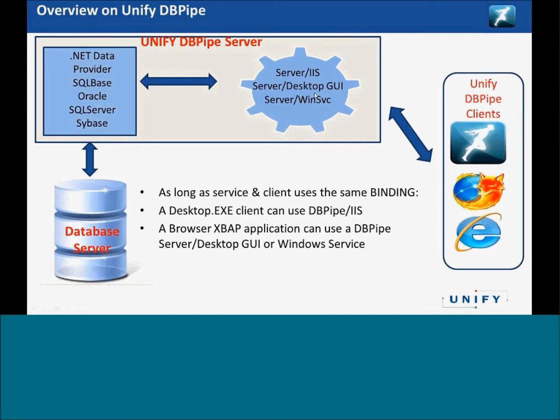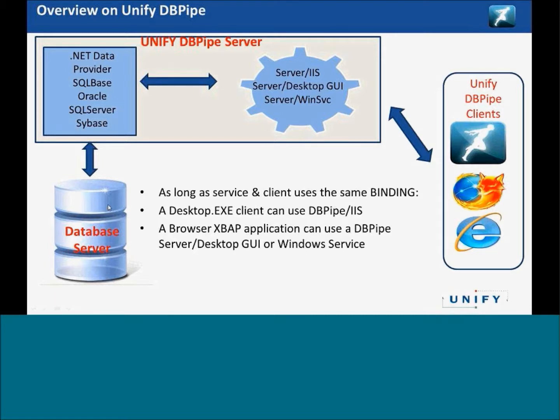And then you can also have Windows services. The idea then is to be able to connect to the database. On the Unified DBPipe server here, you can have the service running there. You can have on the same machine, actually you must have on the same machine, the client of the database, so the .NET data provider, because we are talking about .NET, which can be SQLBase, Oracle, SQL Server, and Sybase. That's what we support.